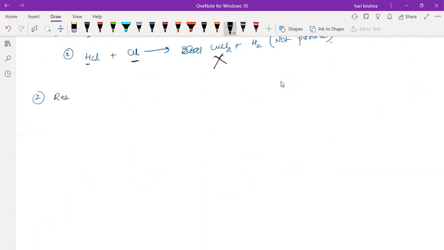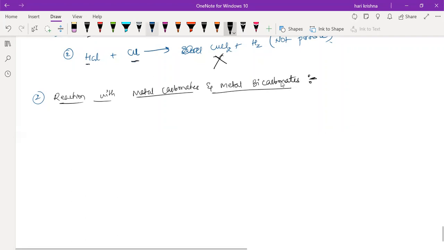Reaction with metal carbonates and metal bicarbonates. Okay, so what is this term?